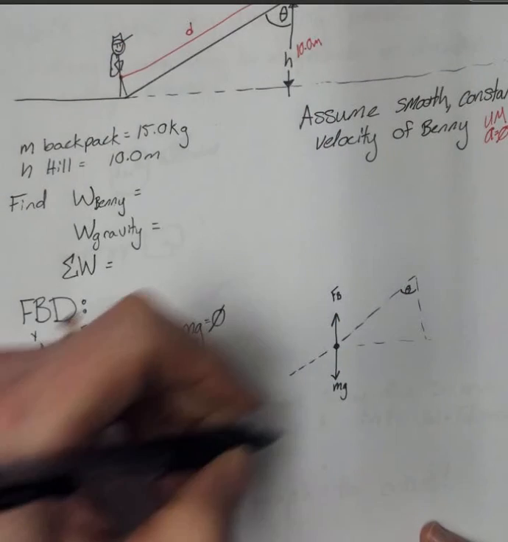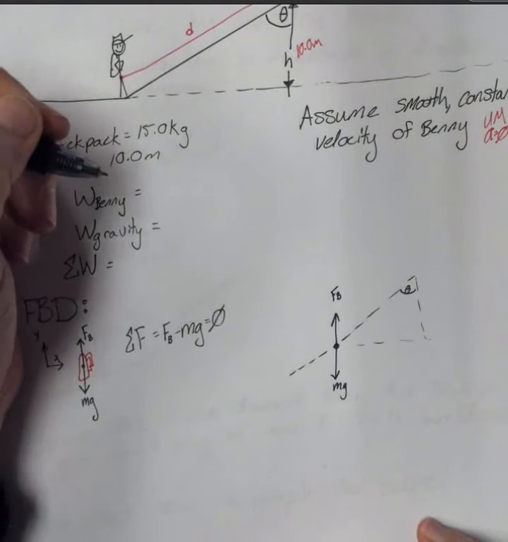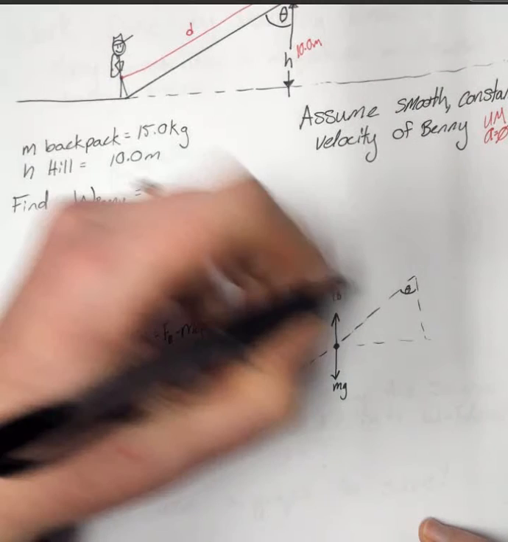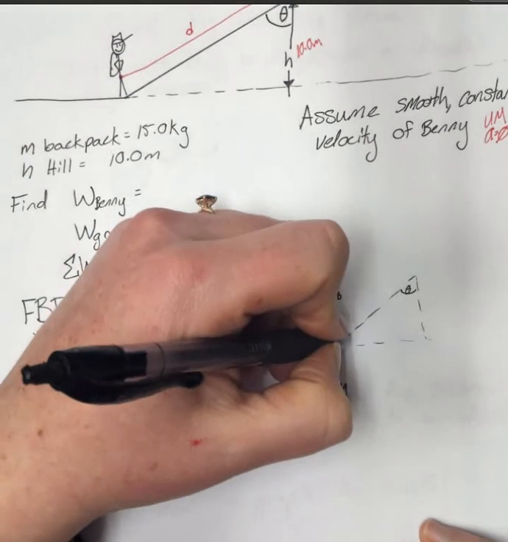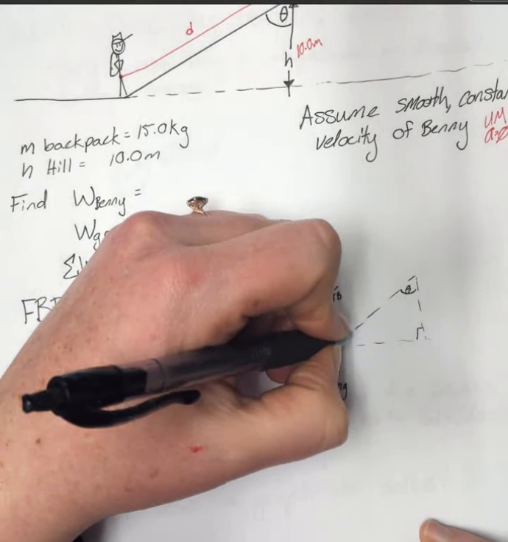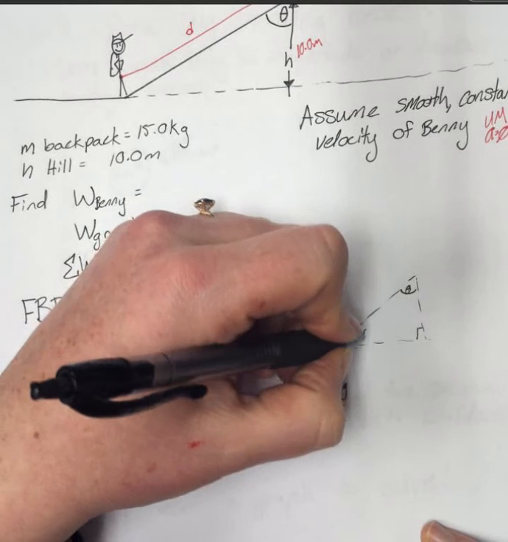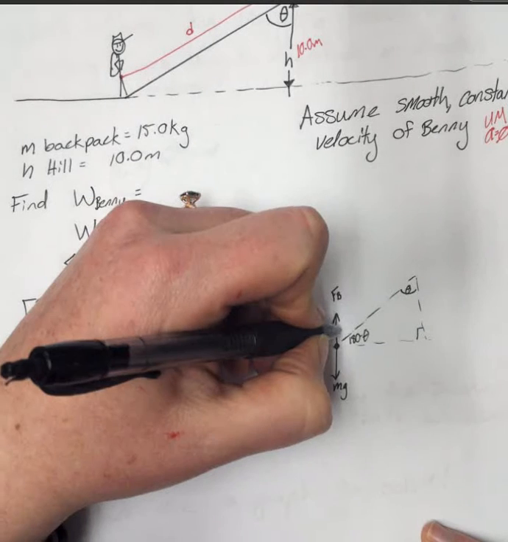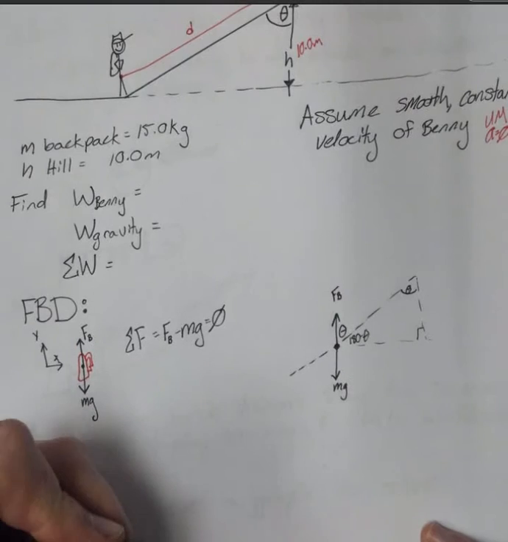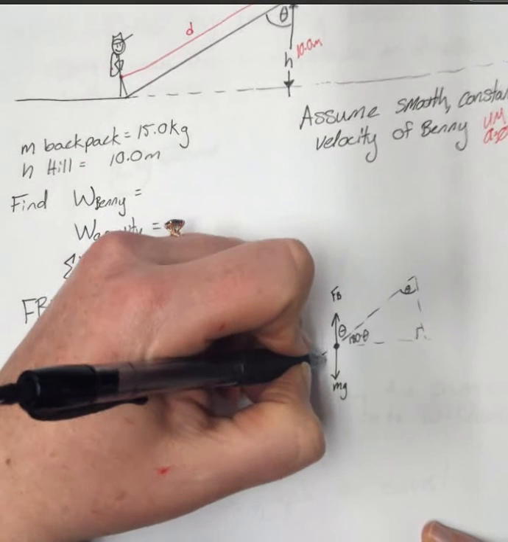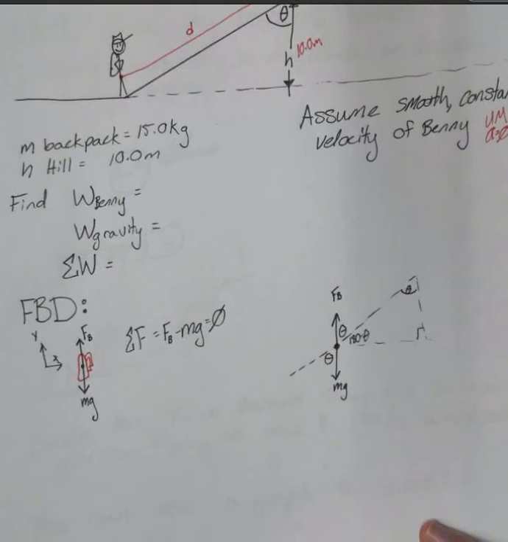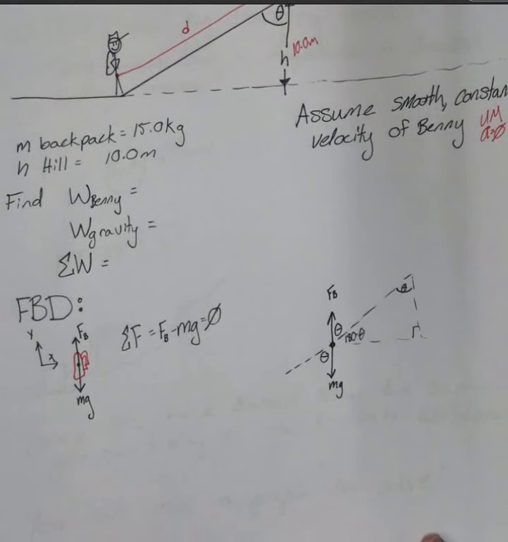So if I'm going to analyze this, then that means that through similar triangles, right, this is 180 minus theta, this is theta by similar triangle. This is 180 minus theta, and this is theta. So we've found all of our thetas in this free body diagram.